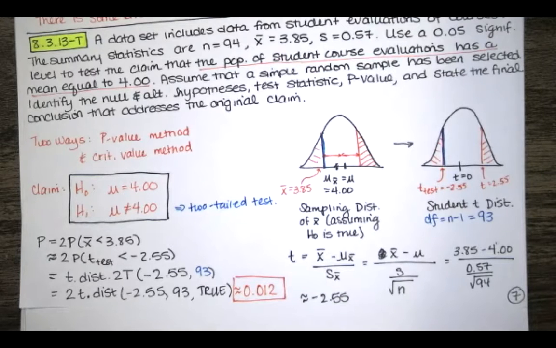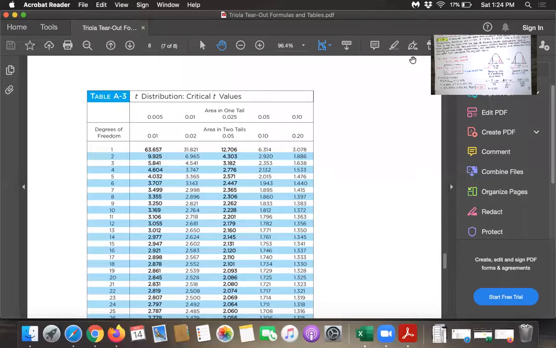So in this case, we would use the table of critical values of t in those formulas and tables. So let me show that to you. This is page 7 of the Triola Formulas and Tables that we use in our course, and this is giving you critical values of t. Now, not all of the possible degrees of freedom are listed here.